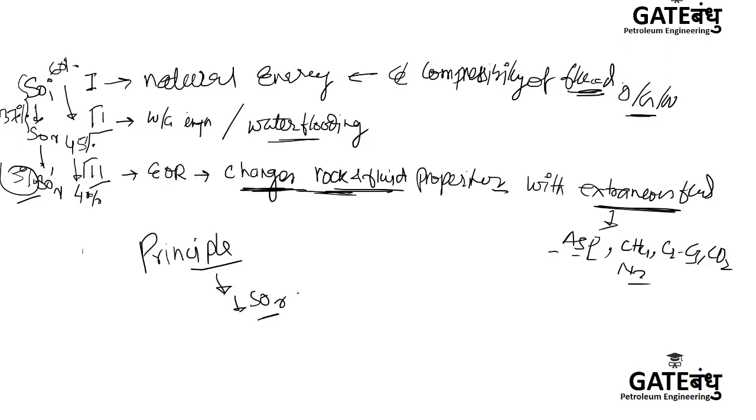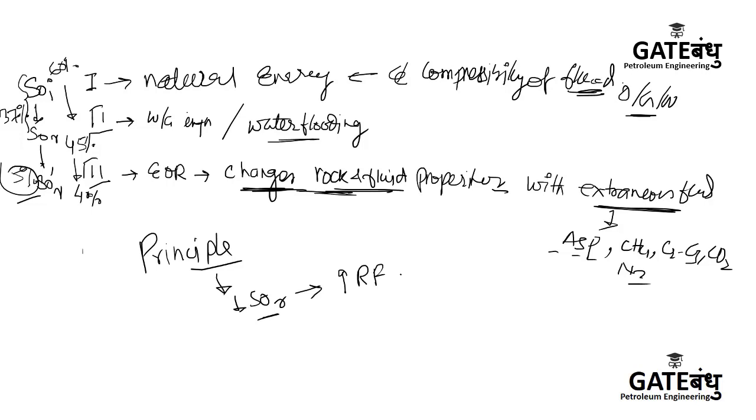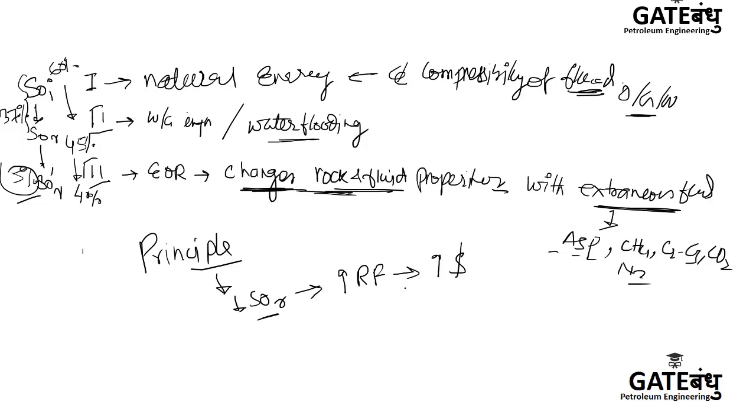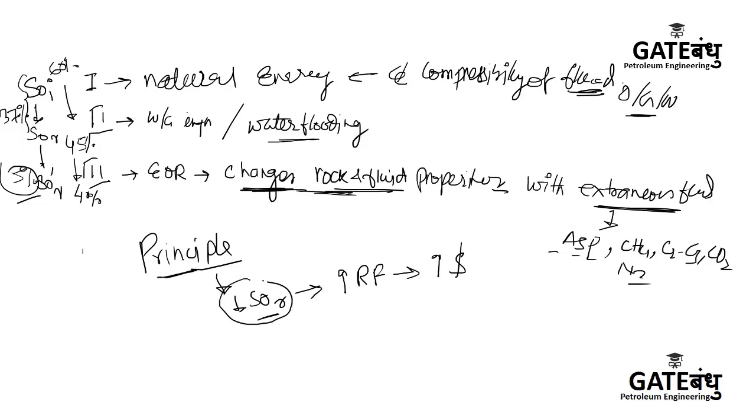And when there is a reduction in SOR value, there will be an improvement in the recovery factor. And when there is an improvement in the recovery factor, there will be a profit. And that is what every oil company is interested in. So we understand that the principle of EOR is the reduction of SOR value to a lower oil saturation, and thus improving the recovery factor.